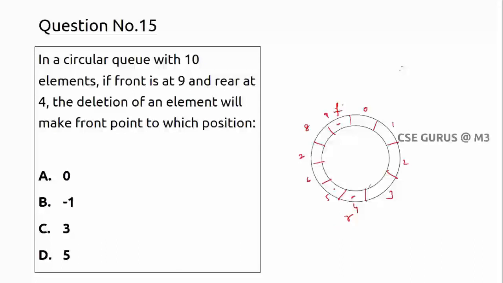When you insert here, the element will go here, like this it will be. But when you delete, so here 9, if I delete, the next position of front will be here itself. So the answer is A option, that is the position is 0.